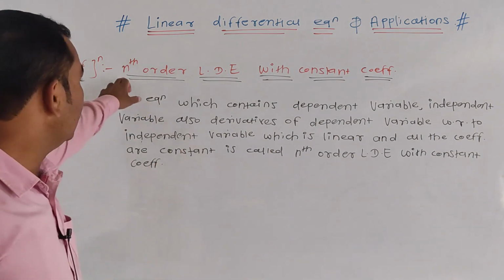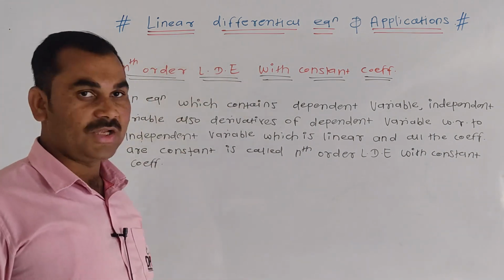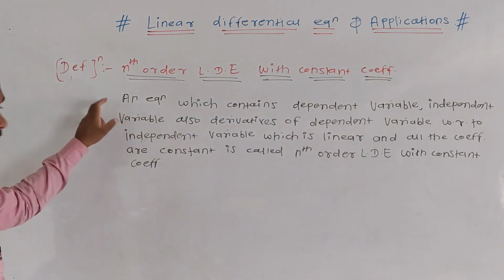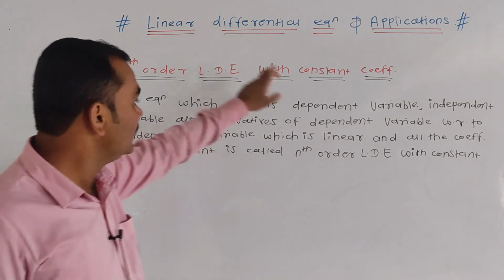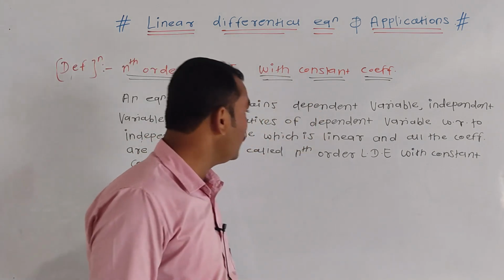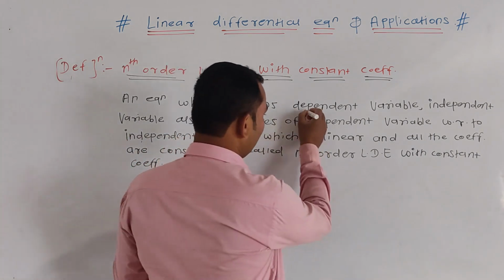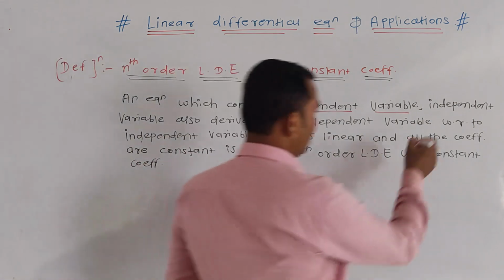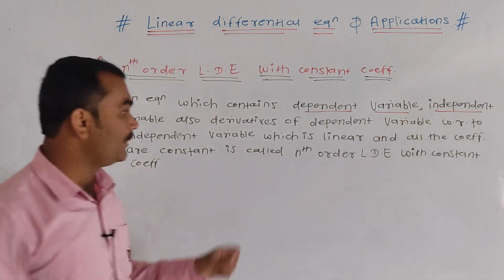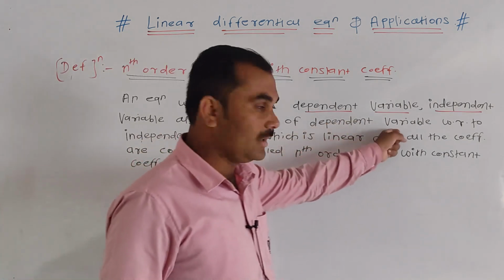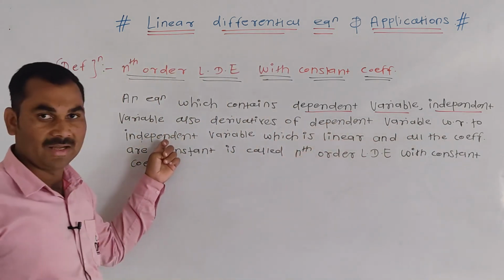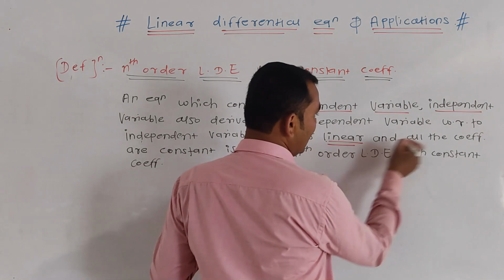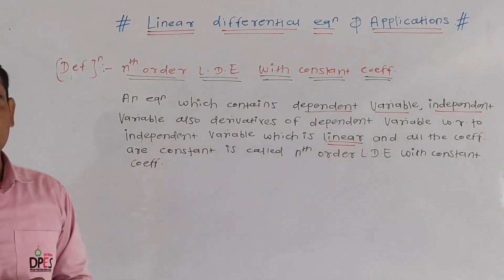The nth order linear differential equation with constant coefficients, what is its definition? An equation which contains the dependent variable, also the independent variable, also the derivatives of the dependent variable with respect to the independent variable. And which is linear, this is very very important, and all the coefficients are constant.